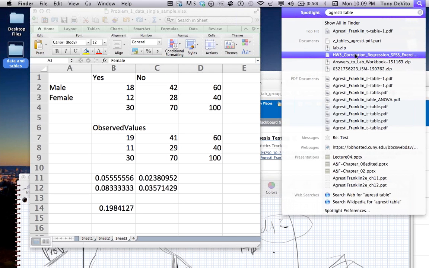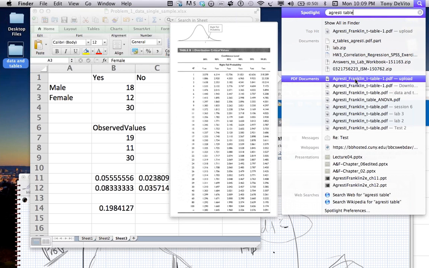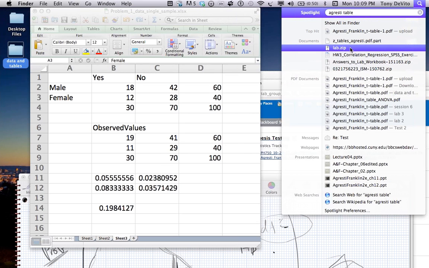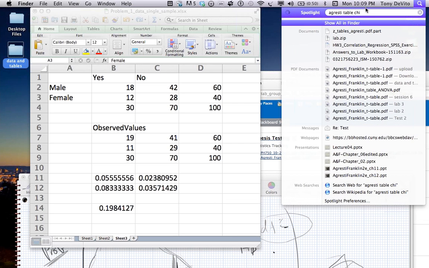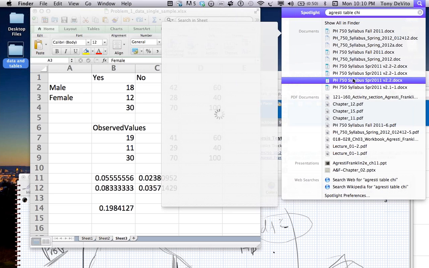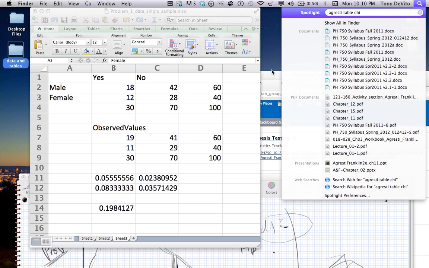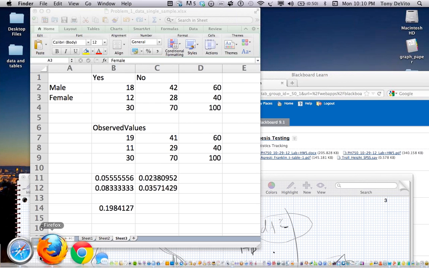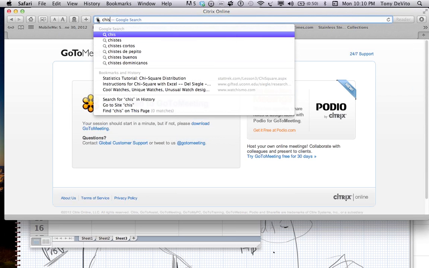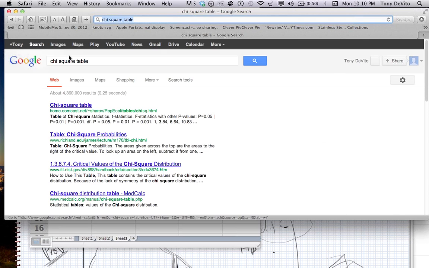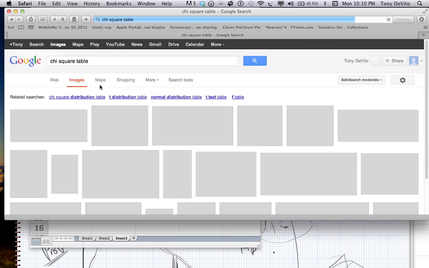Z table, T table. Nope. My goodness. Could have sworn I had one here. I'm just not looking in the right spot. Okay, I got one online. Okay, let's find some images here.